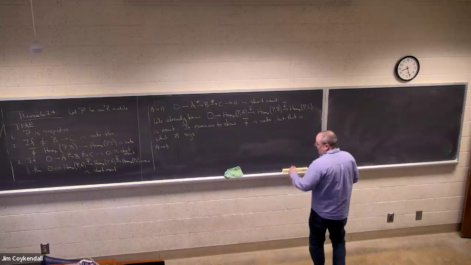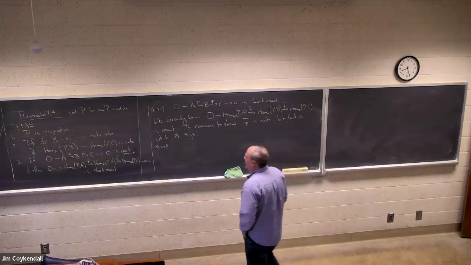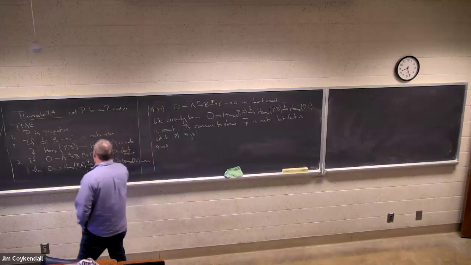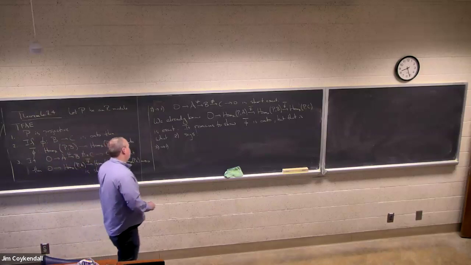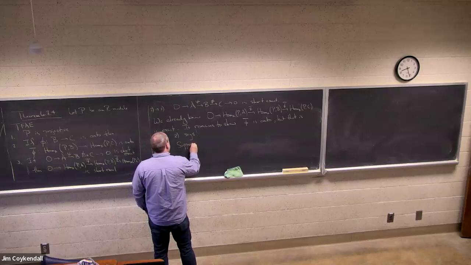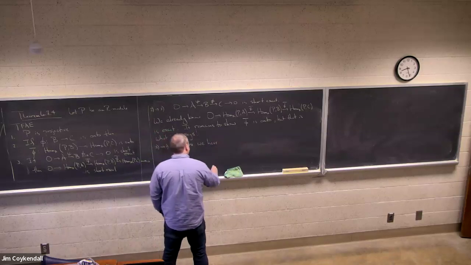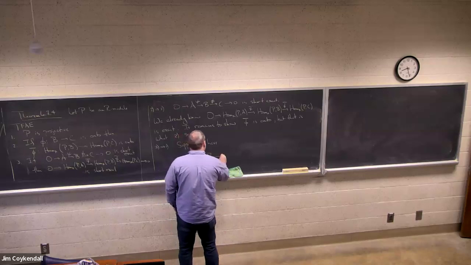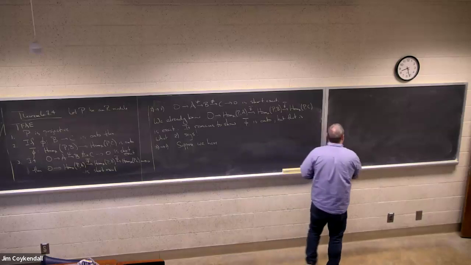Okay, so we'll do 3 implies 1 here. So given any short exact sequence here, we get the induced Hom sequence. So we need to show that P is projective. So suppose we have this here.